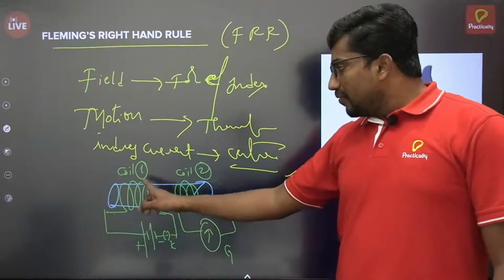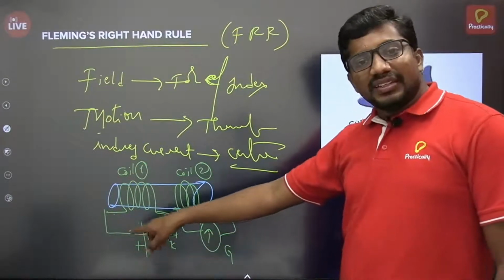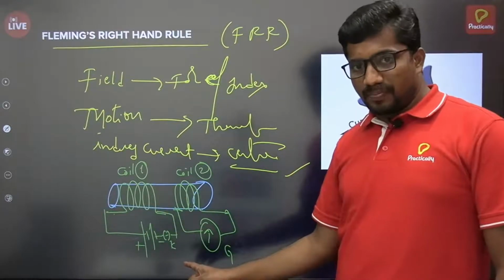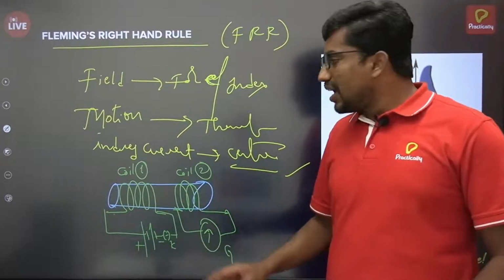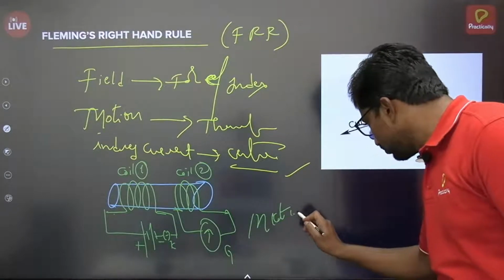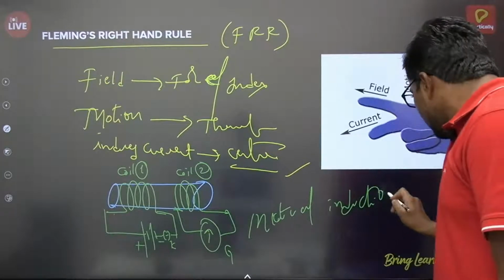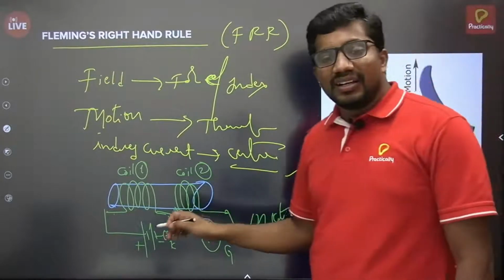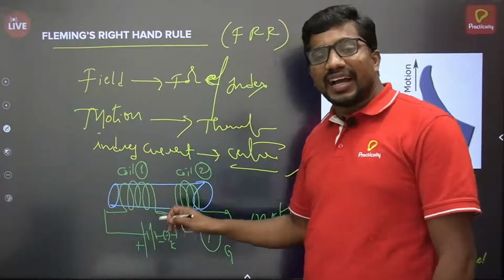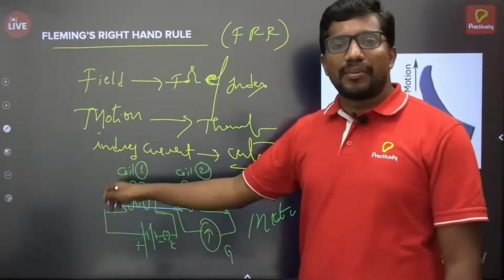So when electric current flows in the neighboring coil, coil 1, current is produced in coil 2 also. This phenomenon we call mutual induction. Mutual induction is the phenomenon of inducing current in a coil due to the flow of electric current in its neighboring coil.